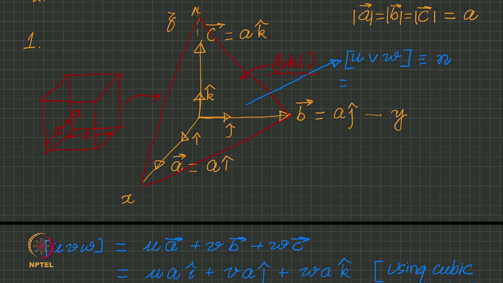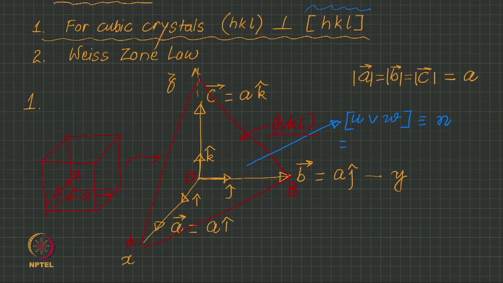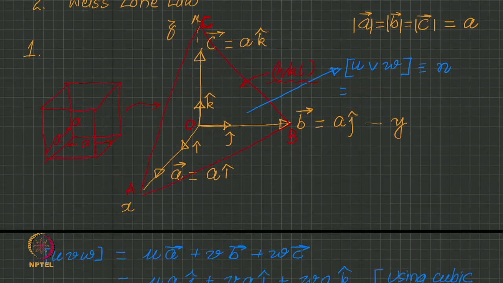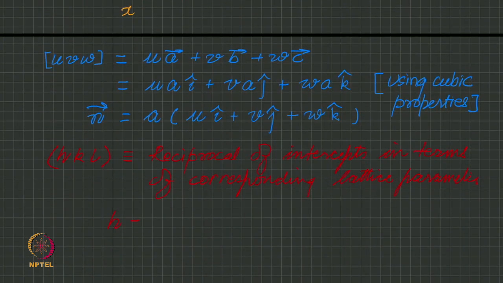So, here is my origin, and let us say OA is the intercept in the x direction, OB is the intercept in the y direction and OC is the intercept in the z direction. So, this means H is representing OA.